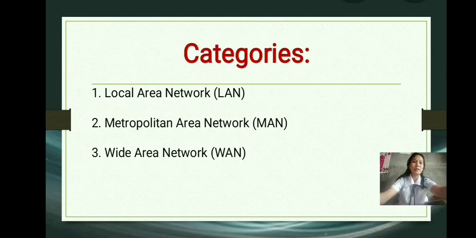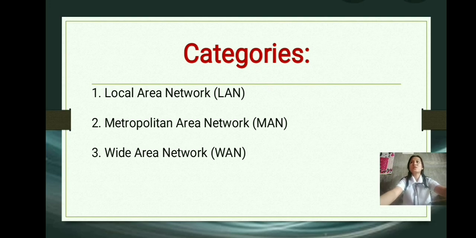So those are the categories. Now, the local area network. It is a group of computers connected with each other in small places such as a school, hospital, apartment, etc. It is secure because there is no outside connection with the local area network. Thus, data which is shared is safe and can't be accessed outside.